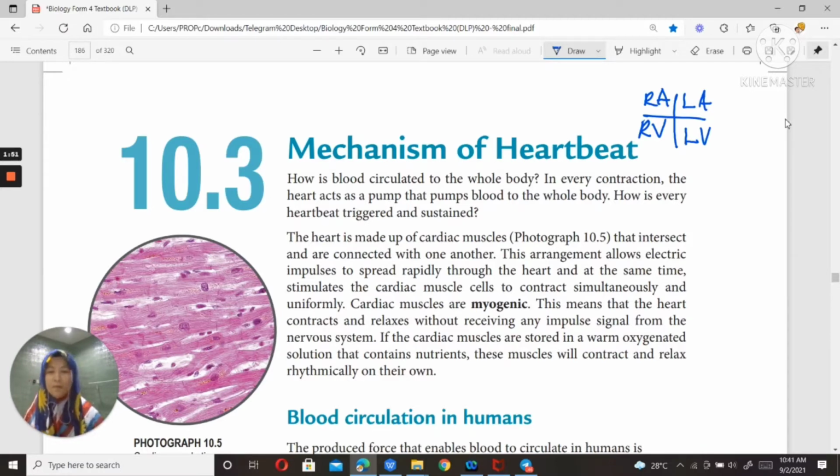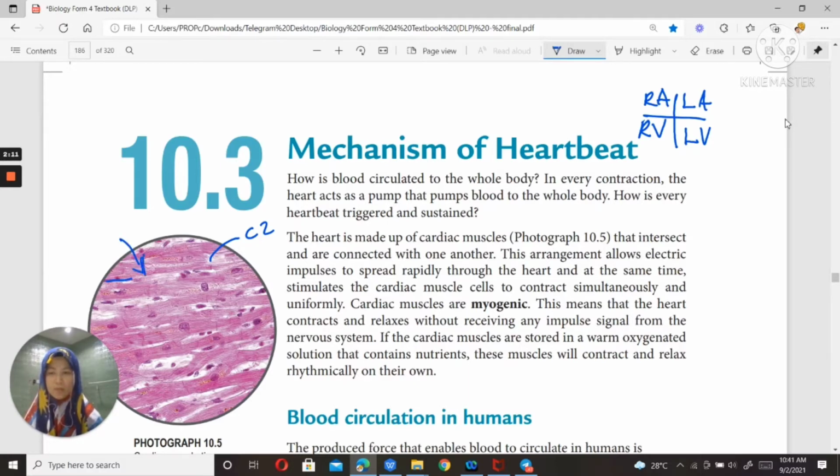First of all, recall back, revise back. In chapter 2, you have learned about the cardiac muscle cell. Look at the structure here, the cross section.